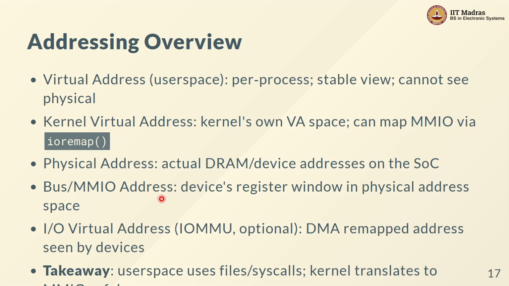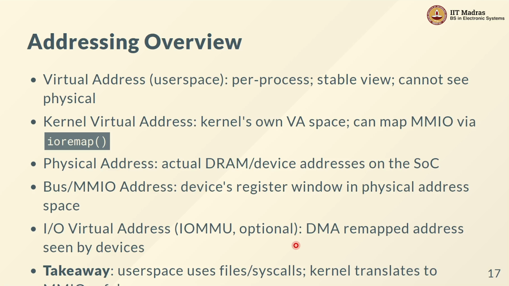Okay. And you could also have some kind of a remapped address, right? Where if you have a memory management unit, you might find that the DMA module, the direct memory access, since that basically takes data directly from a device and transfers it into the memory of the system, the device also cannot know the physical addresses of other locations.